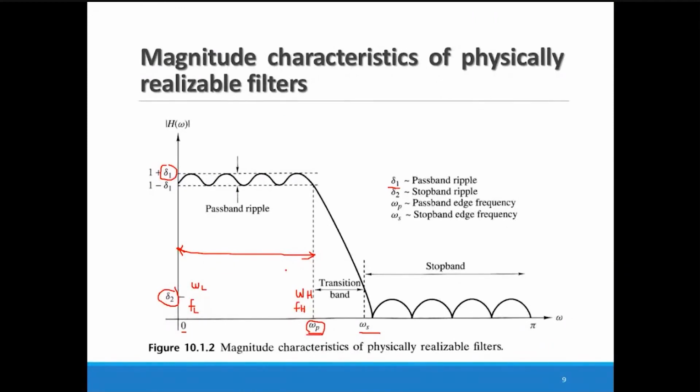We have discussed the ideal filters having non-causal characteristics, and due to their non-causality they are not physically or practically realizable. To make them realizable, we discussed the Paley-Wiener theorem. Based on that, we go for this magnitude characteristic. If we apply this kind of characteristic, or we can tolerate some ripples in the output, we can allow some ripples in the pass band.